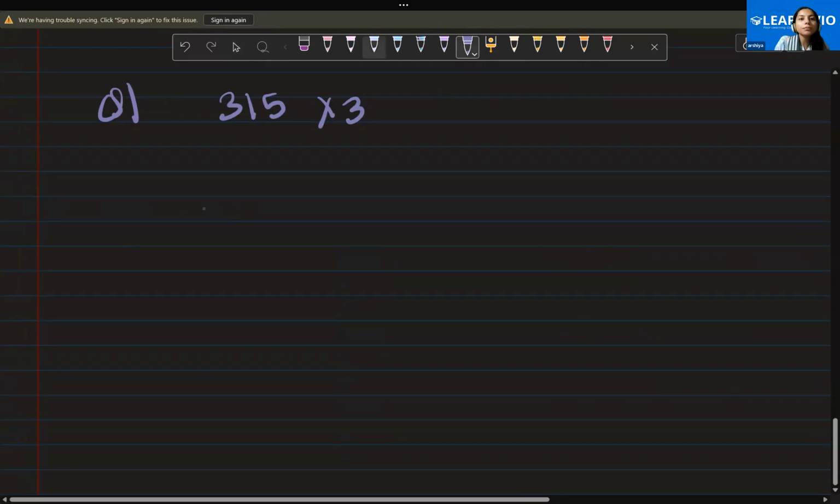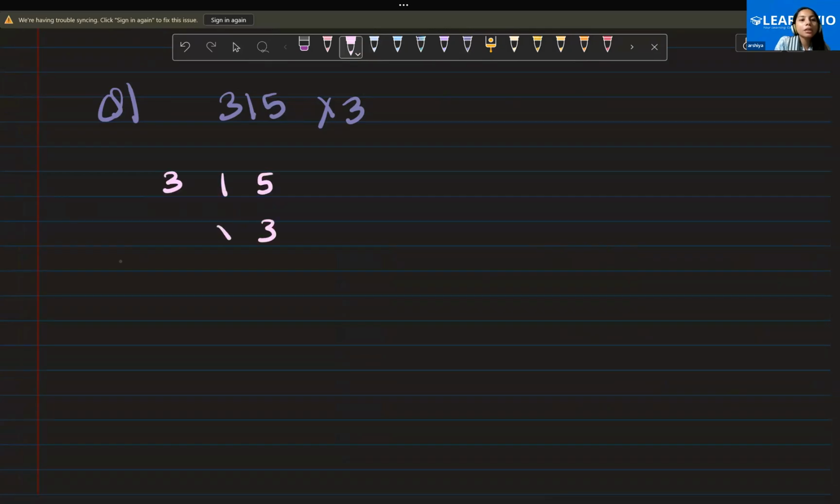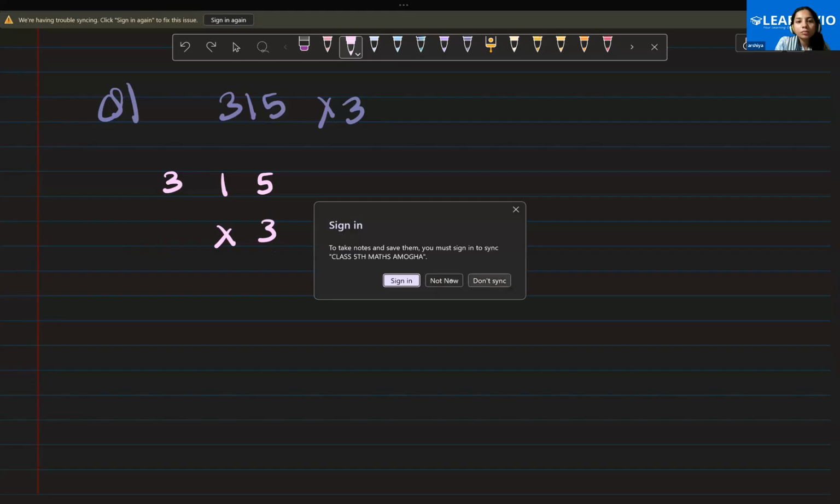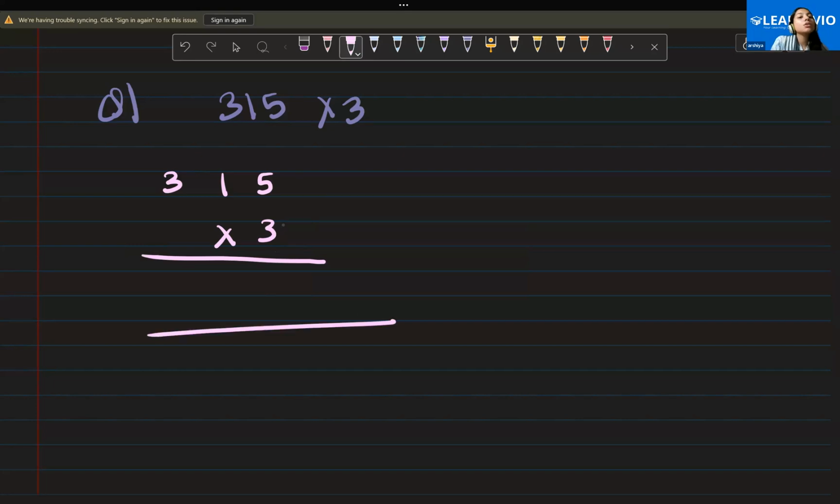First I'll write 315 and times 3. How much are 3 fives? 3 fives are 15. So I'll write 5 and 1 will go to the carry.